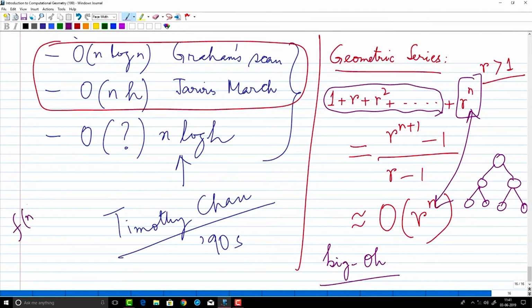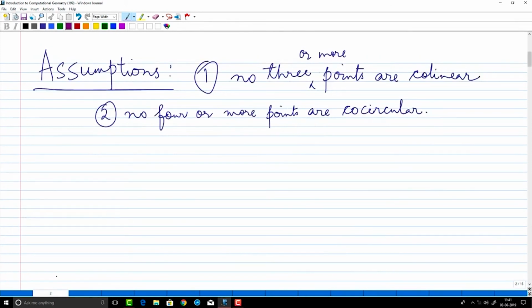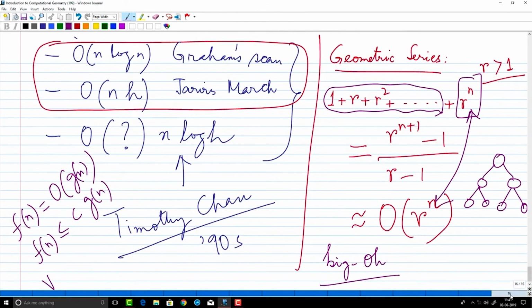If I have a function f(n), I would say that it is big O of g(n) if there exist positive constants C and n naught such that for all n greater than n naught, f(n) is at most C g(n).